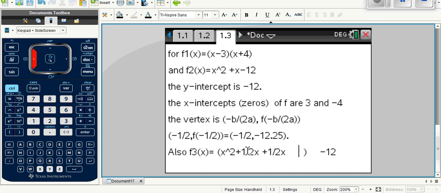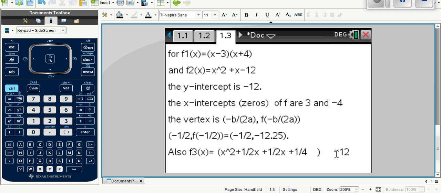Then what's 1/2 times 1/2? 1/4, because 1 times 1 is 1 and 2 times 2 is 4. But you must also subtract the quarter. That's adding a 0.